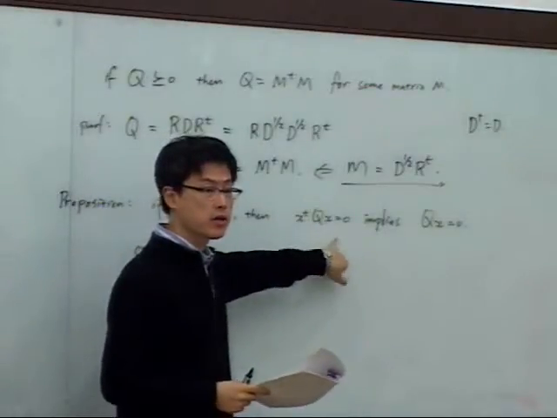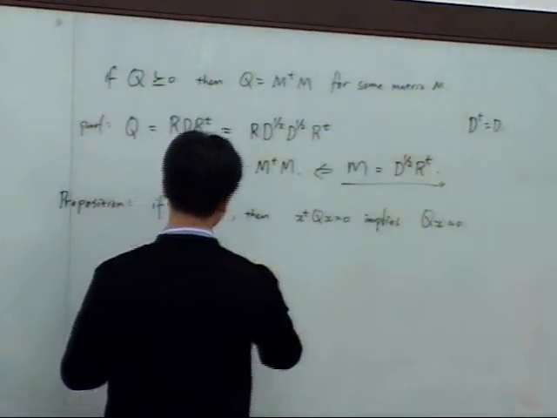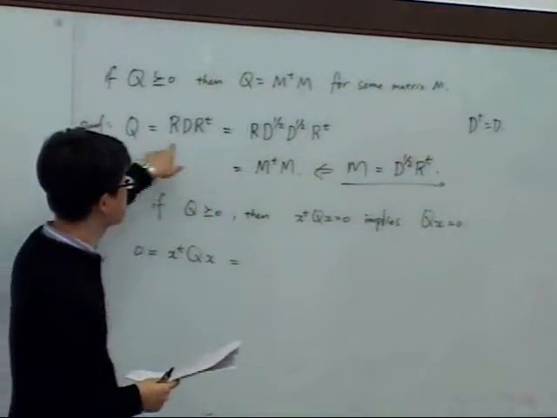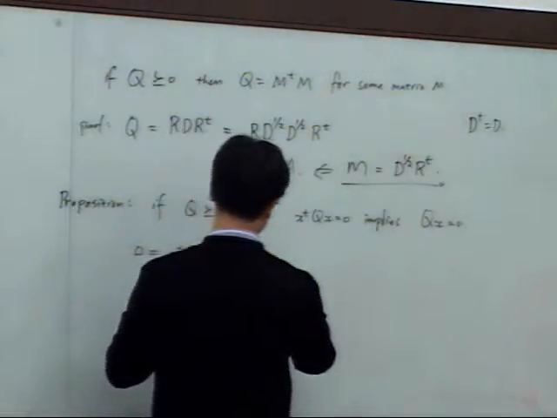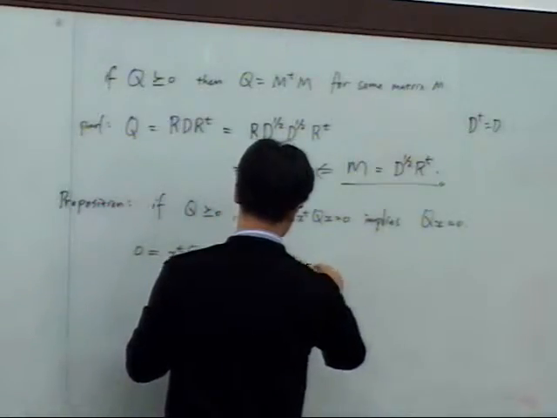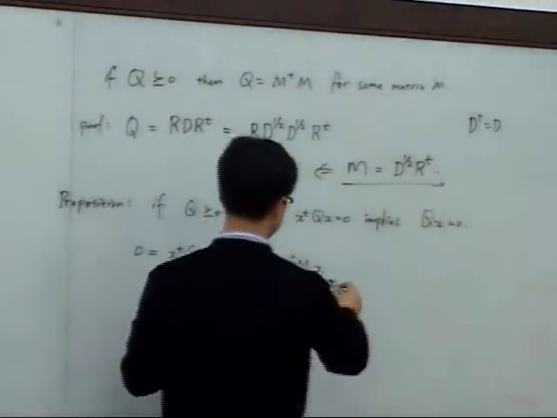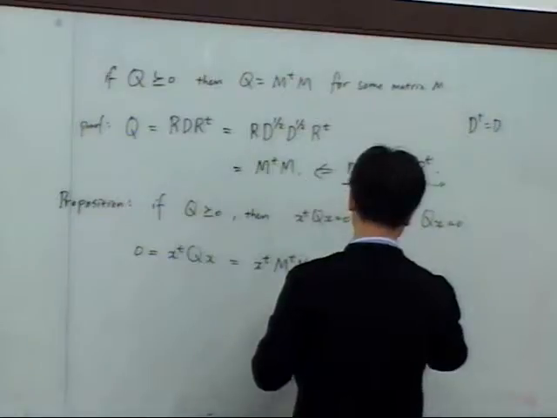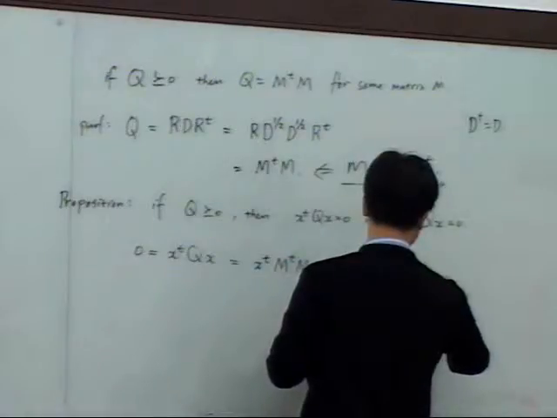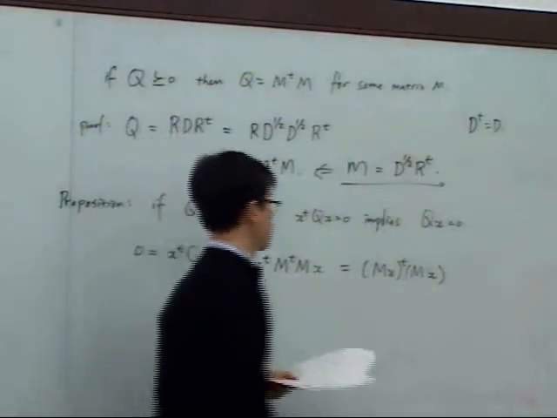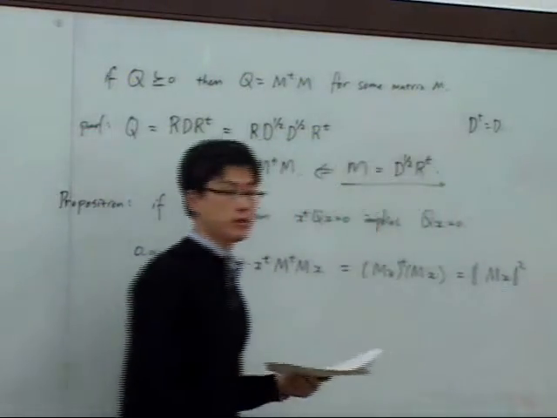x transpose Qx is equal to 0. And since Q is positive semi-definite, we can utilize that to replace Q here. Right? And this is exactly the same as (Mx) transpose (Mx), which is the norm of Mx squared.